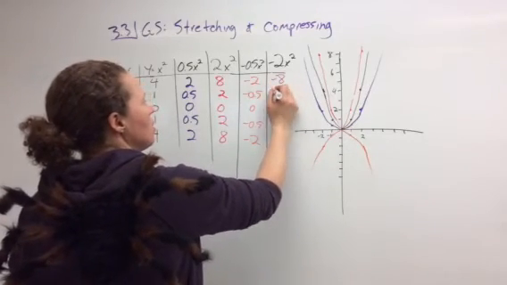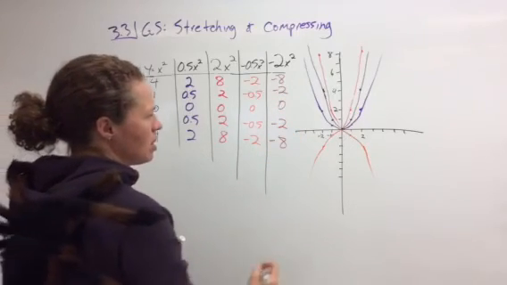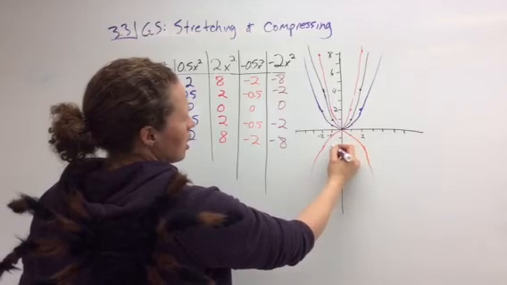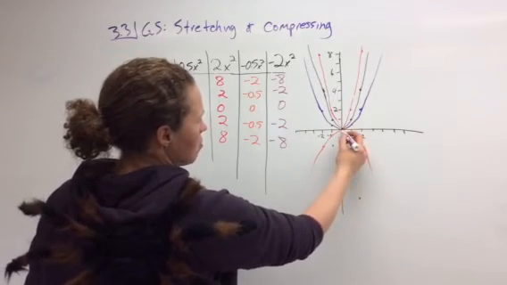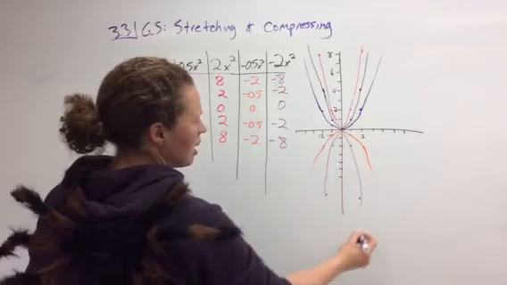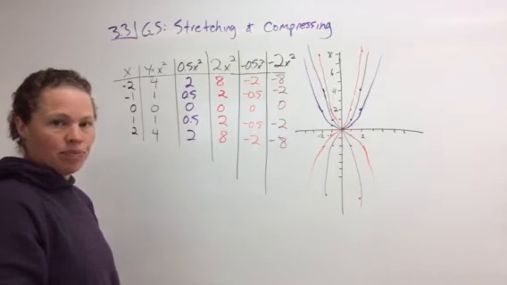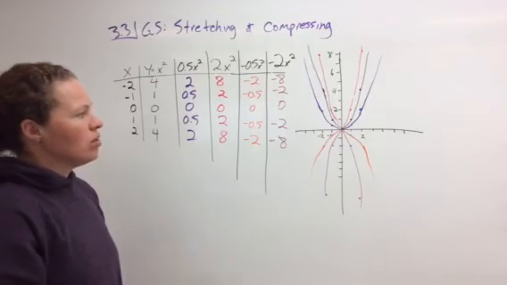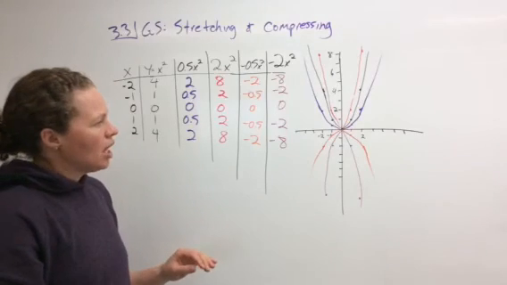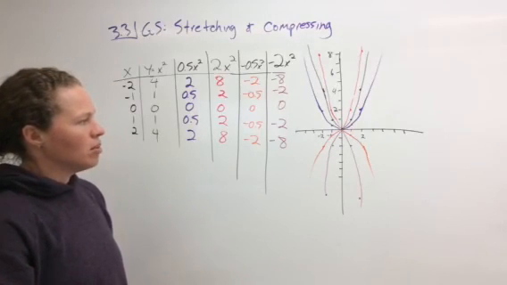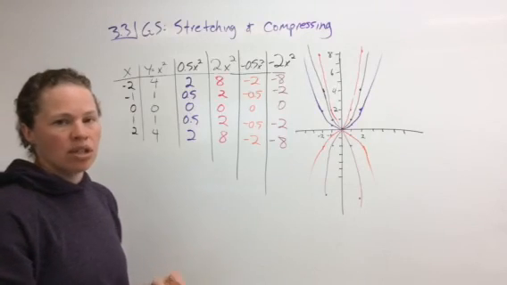So negative 8, negative 2, 0, negative 2, and negative 8, which means that roughly I'm going to have a 2 here and an 8 down here somewhere, which means that my overall shape of the graph is narrow, lengthened, and upside down. So you can see that the last part that we did with the negatives comes in here, as well as a new concept where we're actually squishing or stretching the graph.